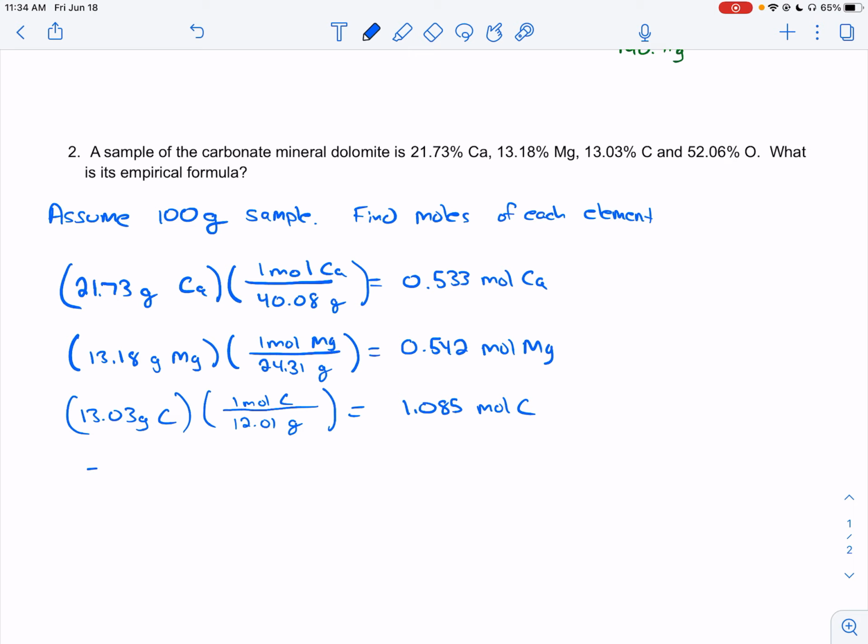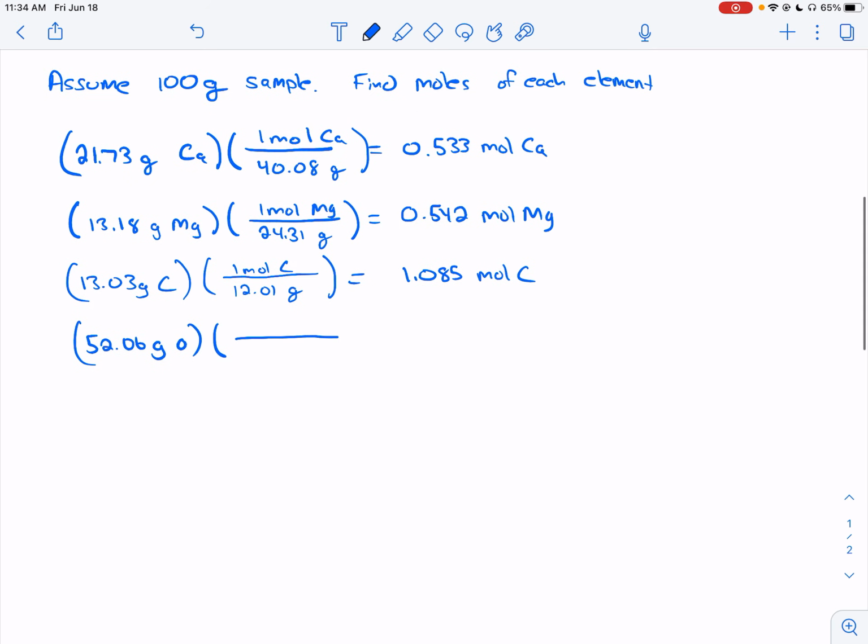And finally, of oxygen, 52.06 grams of oxygen divided by 16.0 grams per 1 mole of oxygen. And here we get 3.25 moles oxygen.